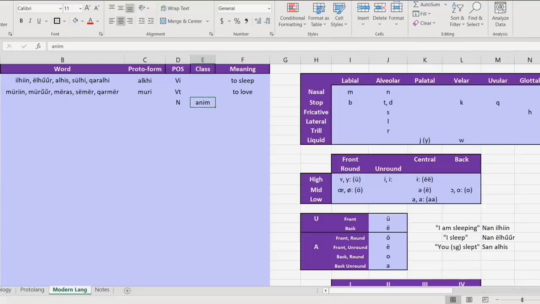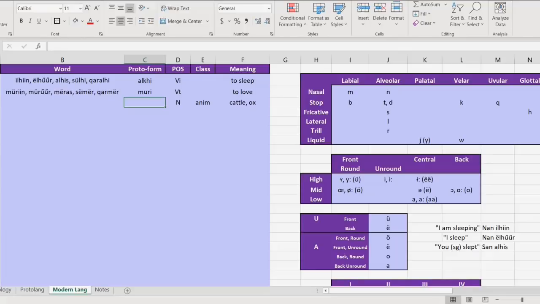Let's go with an animate noun, and I'm tempted to make it just mean animal, but I think that's a bit too general. How about something that means something along the lines of cattle, or maybe like ox, because there would definitely be some ox around where this con culture is living.